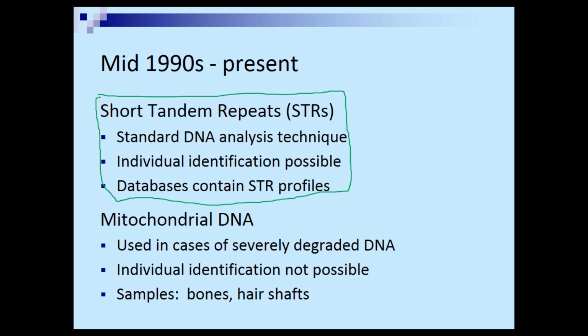Okay, so again, for those of you that are going to be attorneys or work in the court system, you have a bunch of cases that would have been investigated from the late 70s, early 80s, up through the mid 90s, where biological evidence would have been collected, but it was not analyzed using modern techniques.